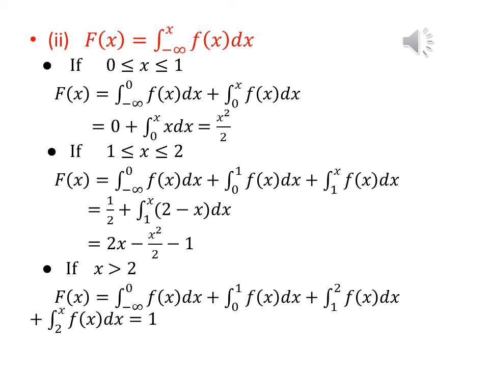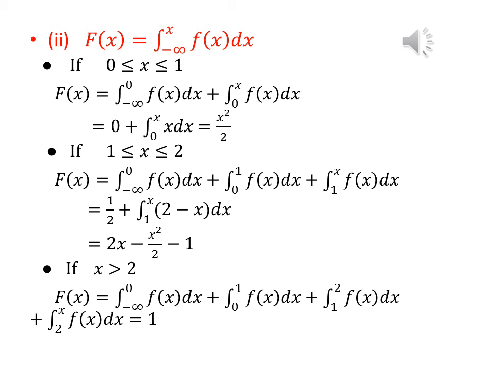And from 1 to x, what is f of x? K is equal to 2, so it's 2 minus x dx. And integrating, capital F is equal to 2x minus x squared over 2 minus 1. So F of x from 0 to 1 equals x squared over 2. From 1 to 2 it equals 2x minus x power 2 over 2 minus 1.